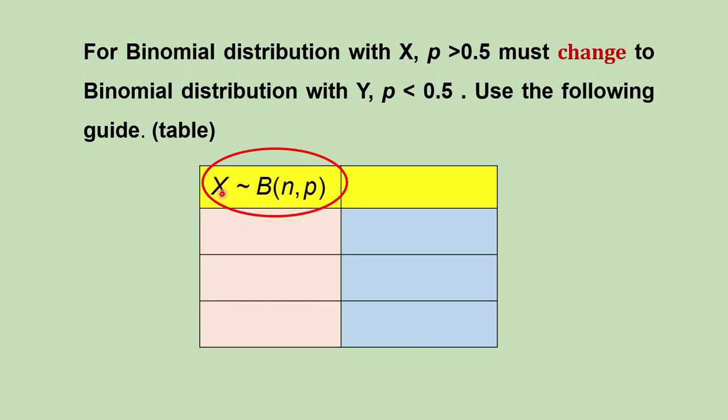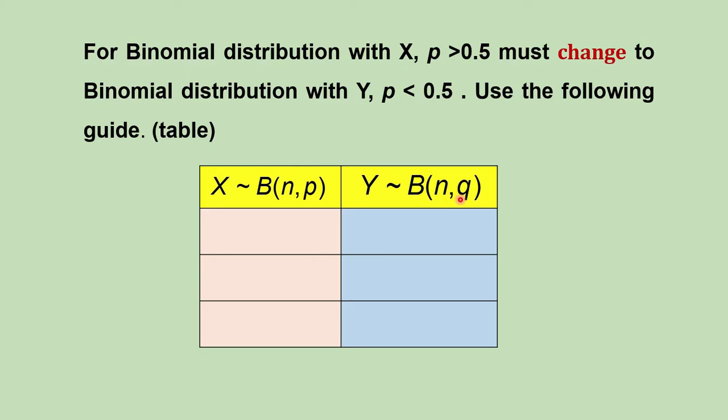When x is a binomial distribution with the parameters n and p, and you change to y as a binomial distribution, n is still the same, but p now you need to change to q. q is 1 minus p.